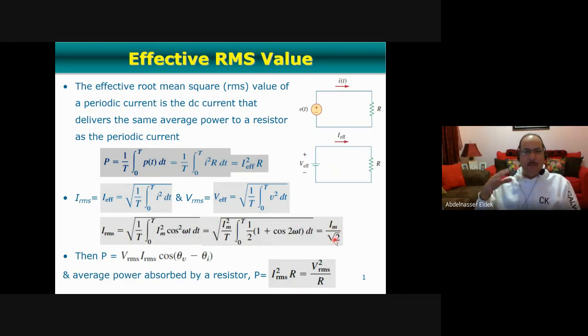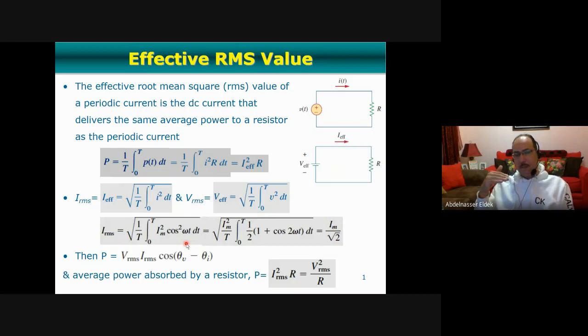So if you have, for example, the current equal to 10 cosine omega t, then the effective or root mean square value is 10, the maximum, divided by square root of 2. It's very easy to explain. Here is Im cosine, so when you square it, it would be Im squared times cosine squared.